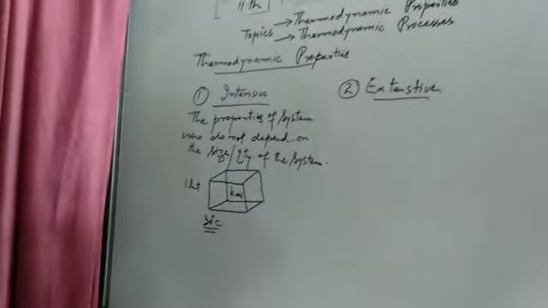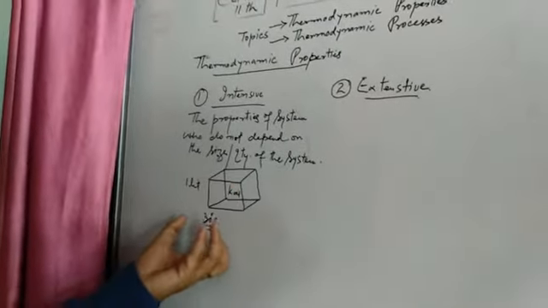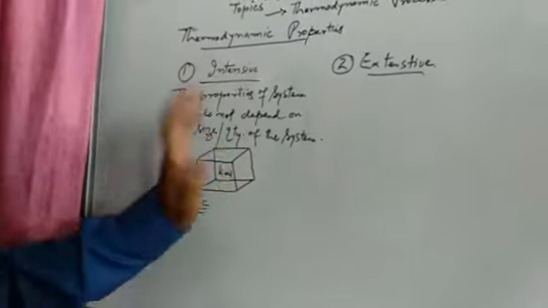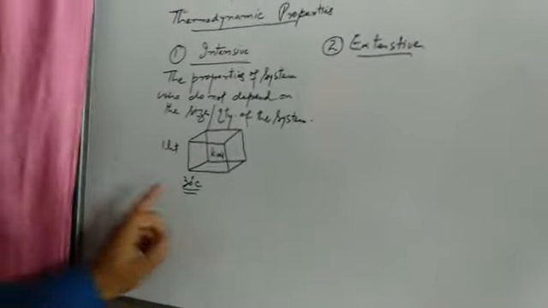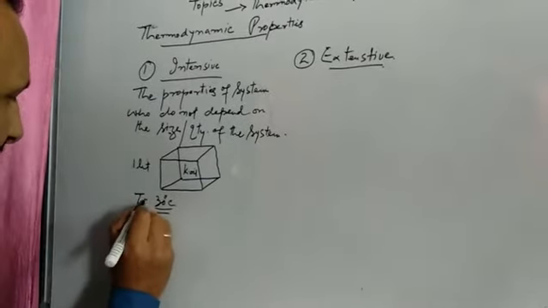Now I have a container of 1 liter capacity and there is a system in it. This system is in contact with the surrounding and its temperature is 30 degrees Celsius.